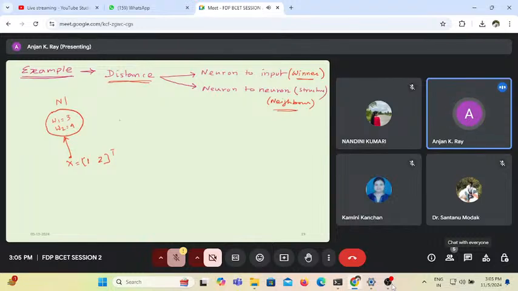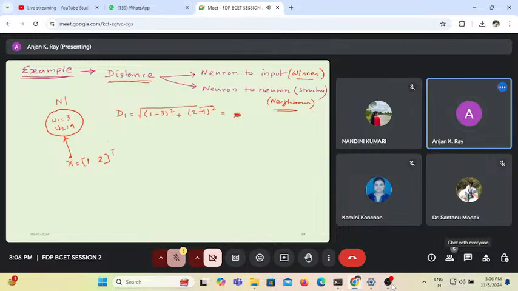So what would be the distance? D1 will be (1 minus 3) square plus (2 minus 4) square. Whatever value that is will be the distance.